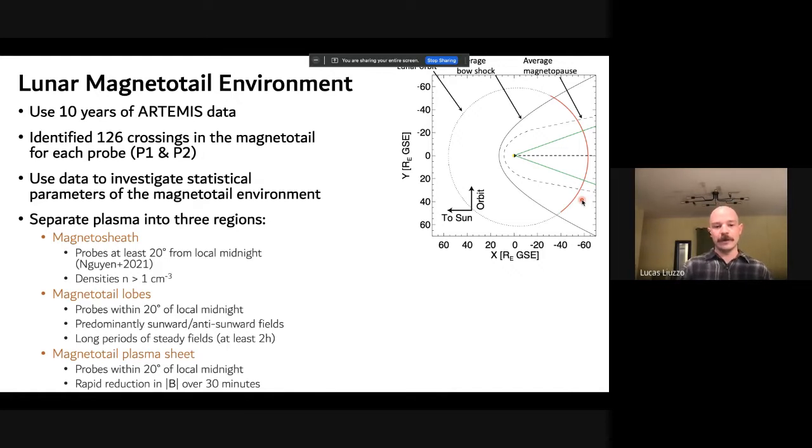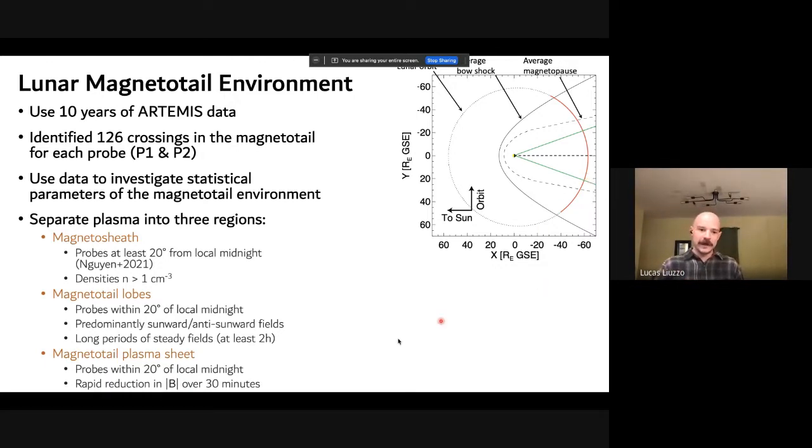In addition, for the magnetotail lobes, we require that the magnetic field is mainly sunward or anti-sunward, along the X direction of GSE, because the magnetotail is so stretched in the lobes. And we require that ARTEMIS was exposed to these lobe-like conditions for some extended amount of time. In this case, I'm using a 2-hour period, again to avoid just rapid fluctuations in the field.